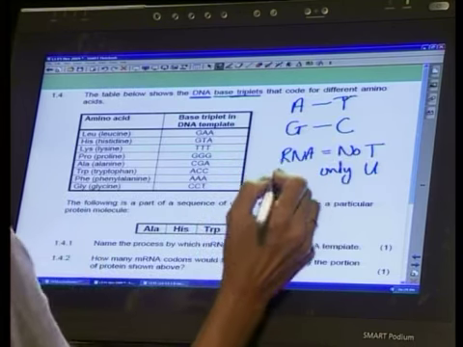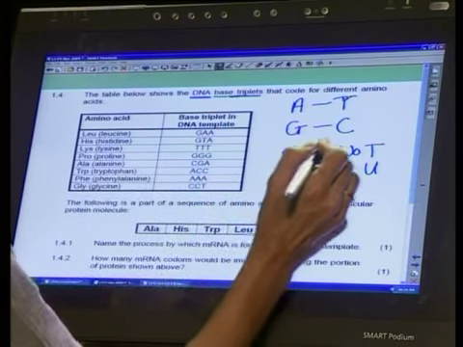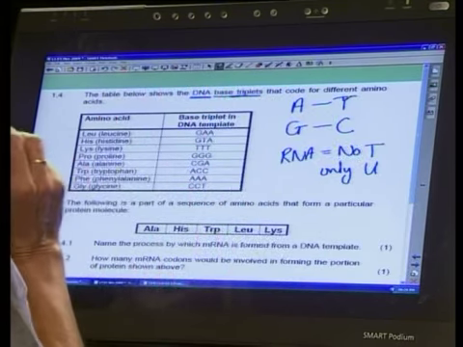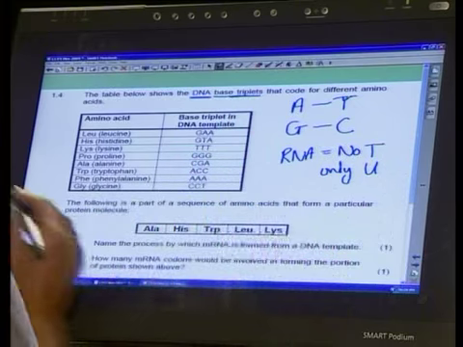Always. Your RNA never has any thymine. There is only uracil. Now, if you've written this next to any question that you are dealing with DNA, you cannot confuse it. And you will get 100% every time.